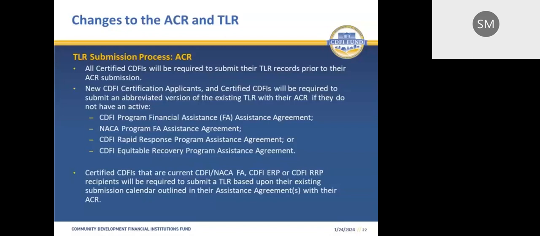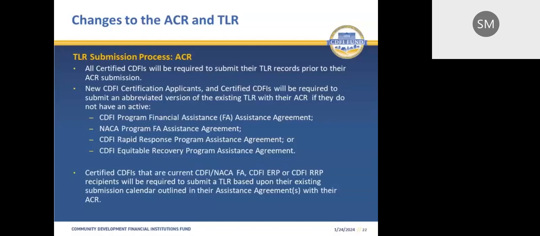Otherwise, they complete the abbreviated TLR. The submission schedule is tied to either a certified CDFI's fiscal year end or the submission calendar outlined in their assistance agreement. To repeat what I said during the certification application process, TLR submissions are subject to review by CDFI Fund staff.